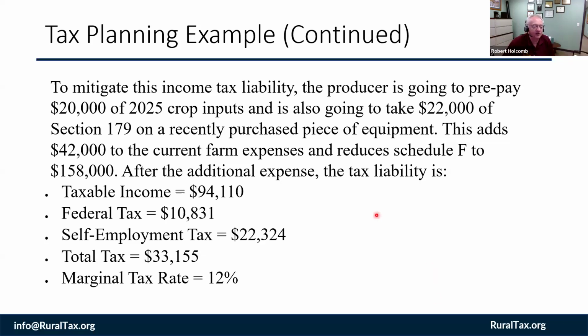In other words, we're adding $42,000 worth of expense to this particular case. So where we're at here is taxable income of 94,000. Federal tax is 10,831. We got the self-employment tax down to 22. We're down to a tax bill of 33,153, but the marginal tax rate we're in is 12.